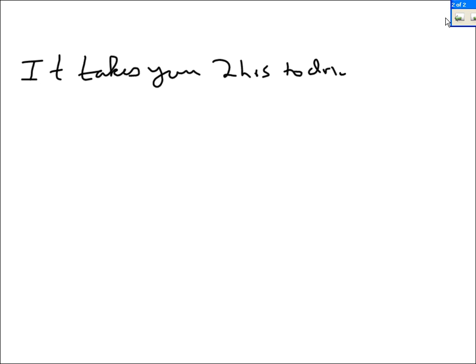Okay, so let us try this word problem. Suppose you always get up late for work, and if you leave late for work, you have to speed. You're driving to work. And suppose that it takes you 2 hours to drive to work.